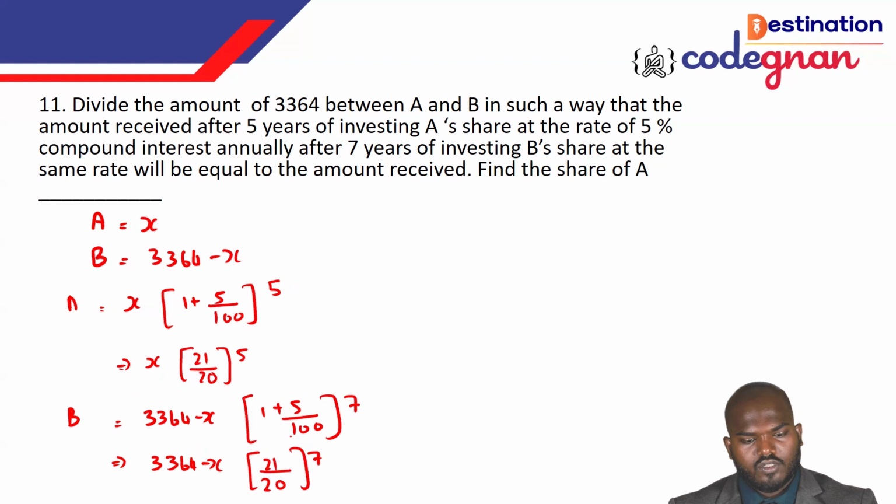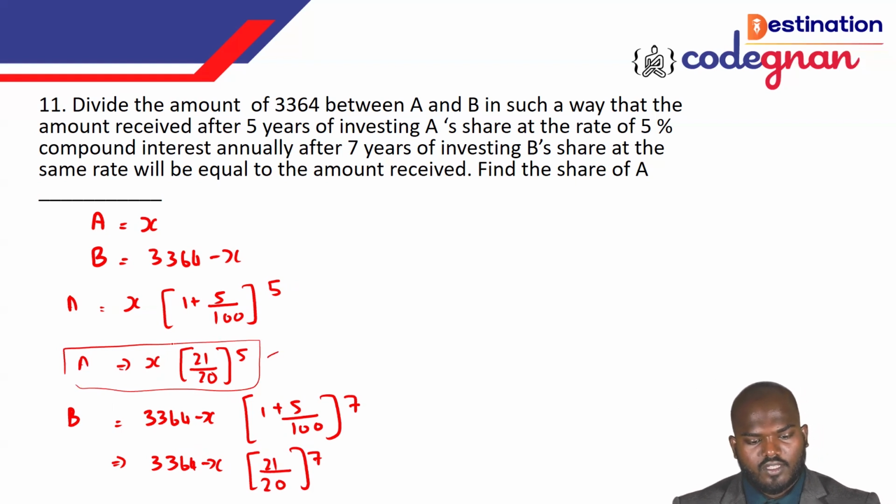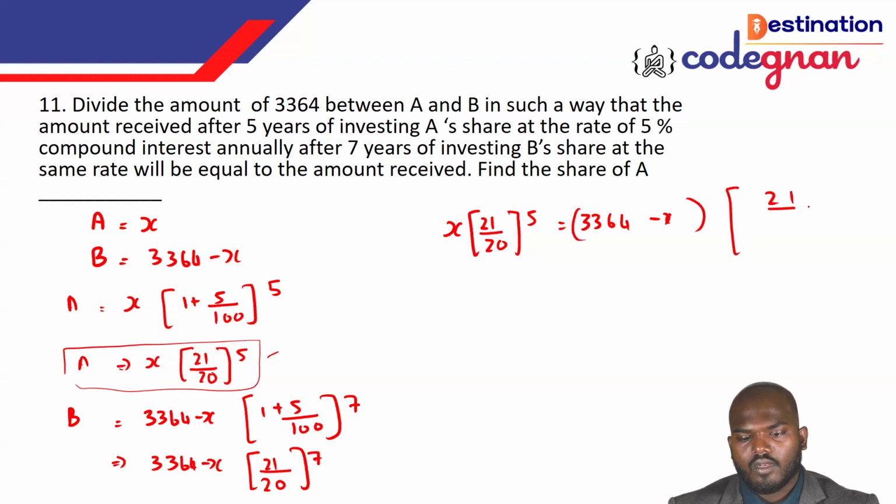After you deal with this, the amount of A is X times 21 by 20 to the power 5, and that is equal to 3364 minus X times 21 by 20 to the power 7.